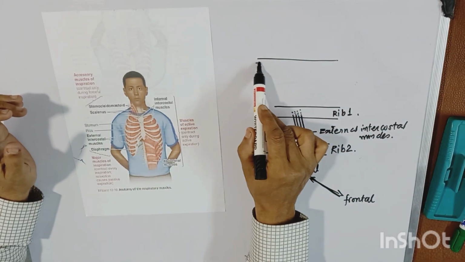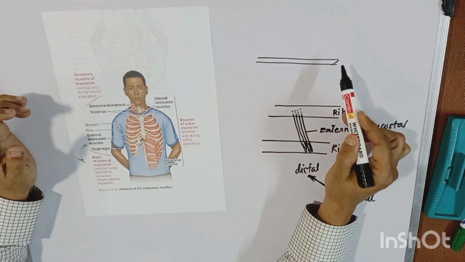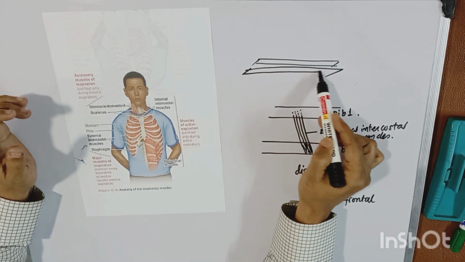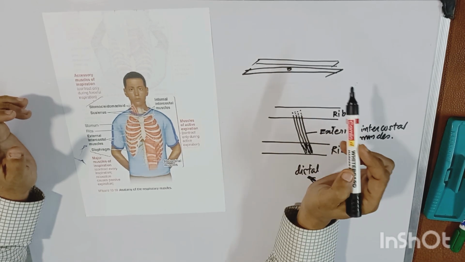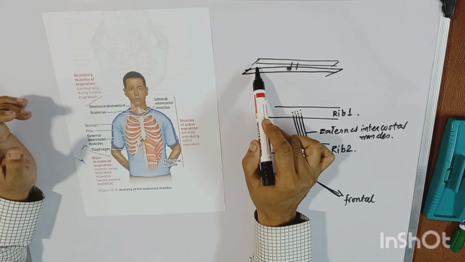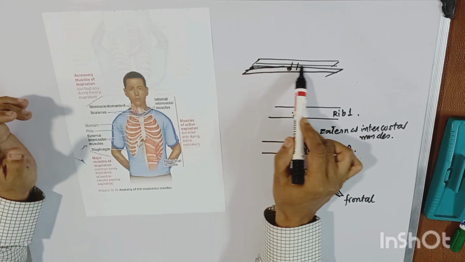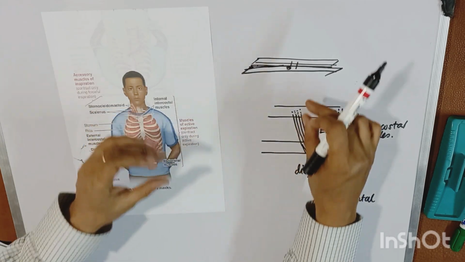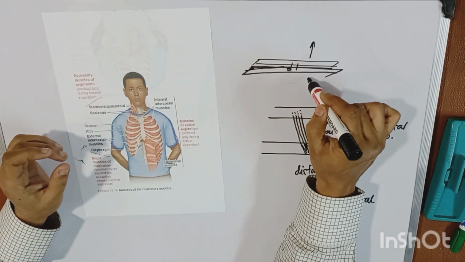If I draw two glass slides, and put a drop of water here, and then I put the slide on this, the water will form a film, but then you will not be able to separate these two glass slides.